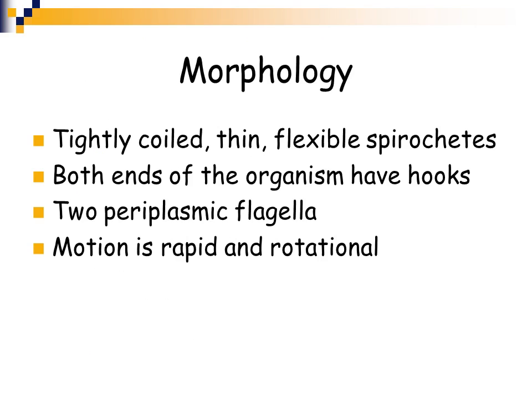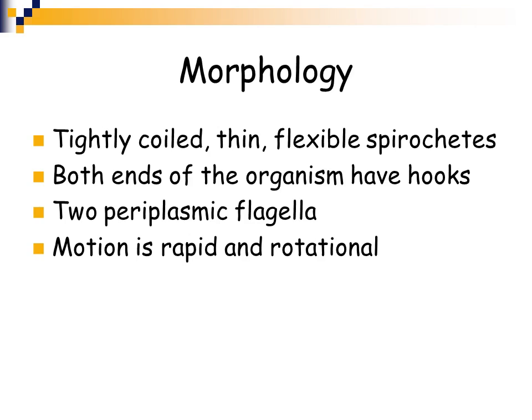So the morphology of Leptospira interrogans, it's a tightly coiled, very thin, flexible spirochete, and both ends of the Leptospira organism have little hooks on them. They contain 2 periplasmic flagella. So these are very different flagella than what we've seen with the regular bacteria that we've talked about thus far.